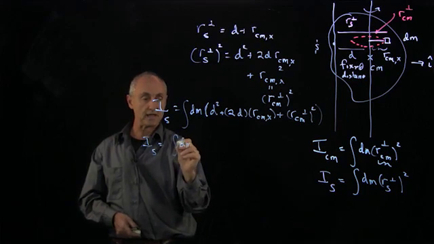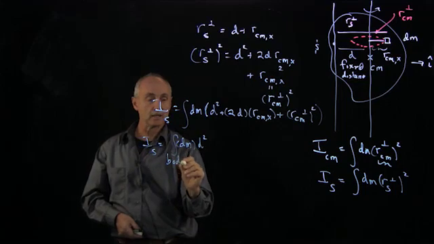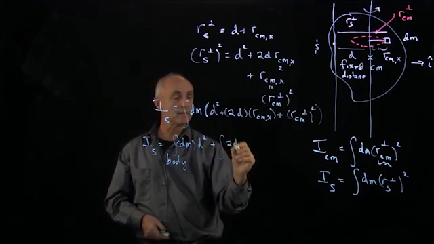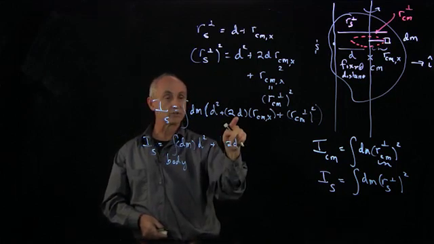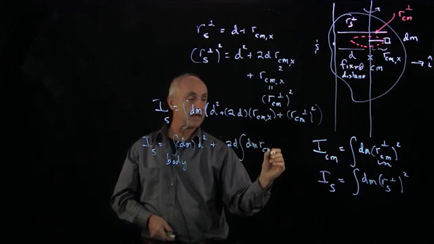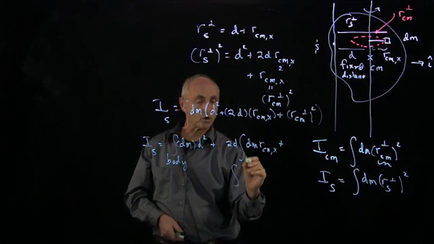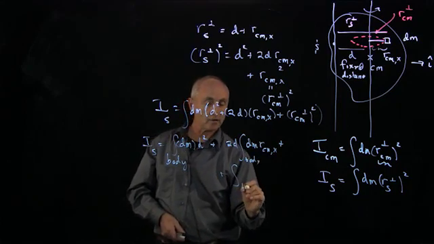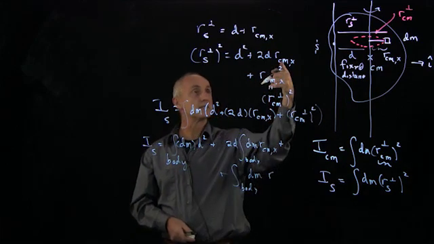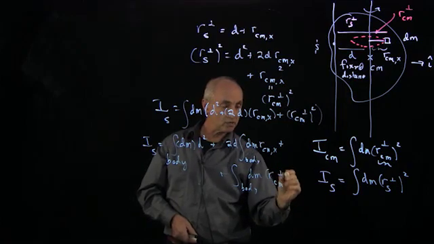The first term is dm times d squared. This is an integral over the body. The second term is 2d, and I'm going to hold off on the integral because the 2d is the same for every piece, dm rcm x. And the third piece is the integral over the body of dm r. Since rcm x is the r perp, I'll write it as r perp squared.